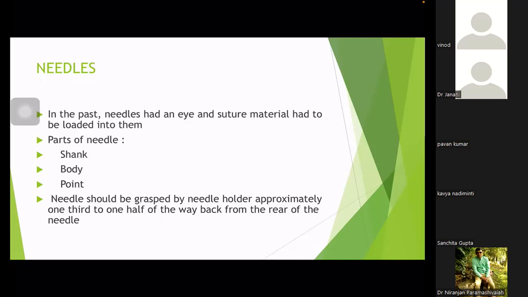When to remove the suture, we plan according to the tensile strength. And when we use absorbable sutures in intra-abdominal surgeries, we plan the suture material according to the tensile strength, sir. For different tissues, the suture material tensile strength varies.